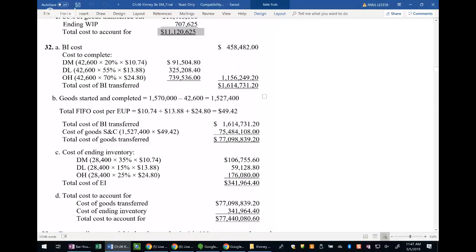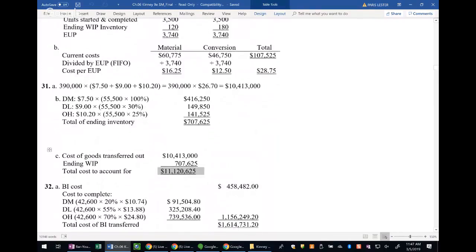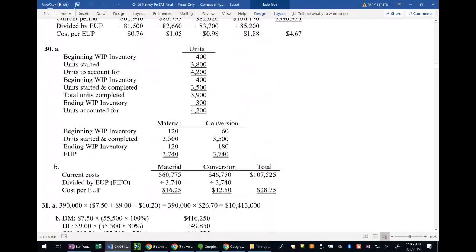I'm running out of energy, folks. I am getting over this crud, but I'm going to call it quits here in a couple of minutes. That's why I'm giving you an open book test on Thursday. I didn't have any energy much at all last week, but I'm getting over this stuff. So we're going to call it a day, an open book test on 5 and 6 on Thursday, okay?